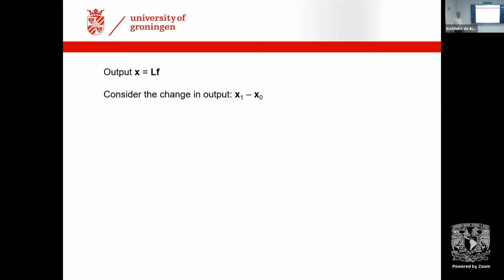The question is, how much of this change can be attributed to changes in L and to changes in F. So we take two periods in time for simplicity, 1 and 0. That means L1 F1 minus L0 F0.